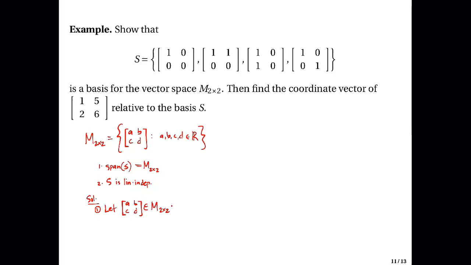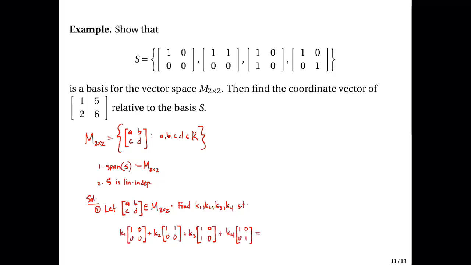So we need to find K1, K2, K3, K4 such that K1 times 1 0 0 0 plus K2 times 1 1 0 0 plus K3 times 1 0 1 0, sorry, this is 0, plus K4 times 1 0 0 1.